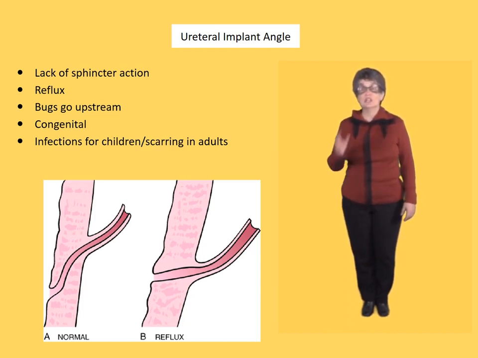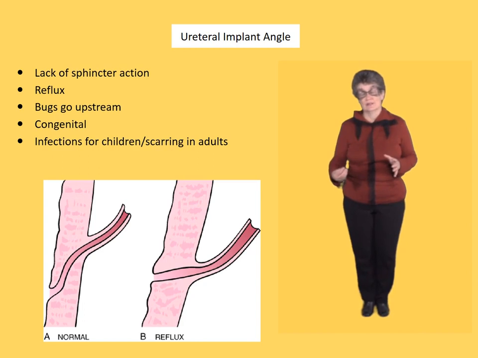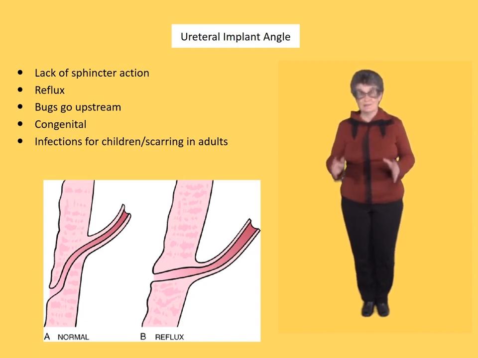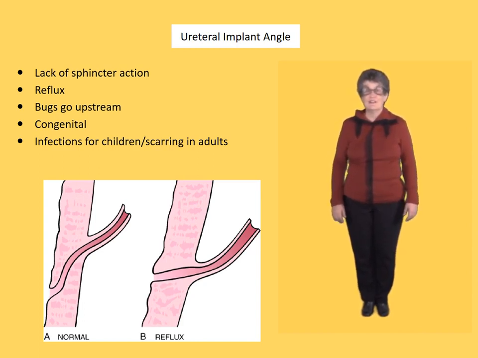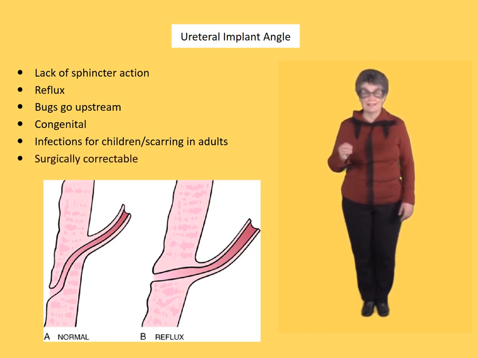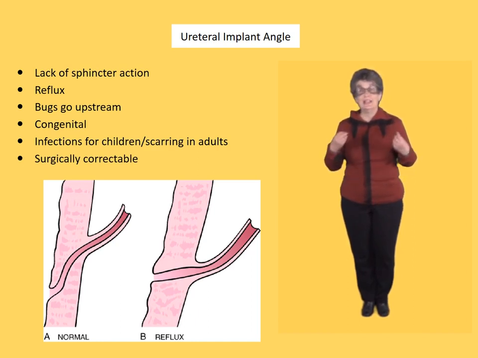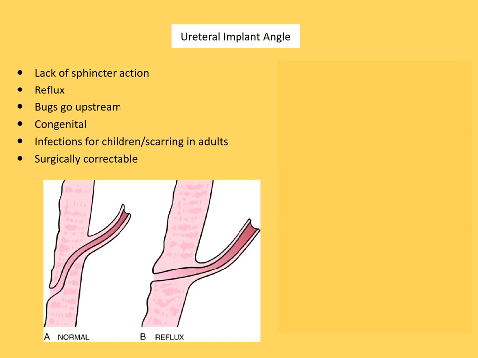We want to avoid chronic reflux because it can lead to scarring in the kidney in adults, and this leads to decreased renal function. Fortunately, ureters can be surgically reimplanted to give a much better angle through the bladder wall and cure the reflux.